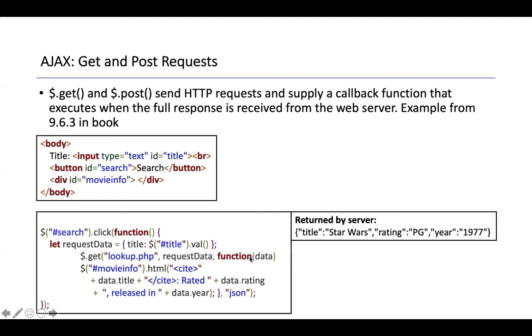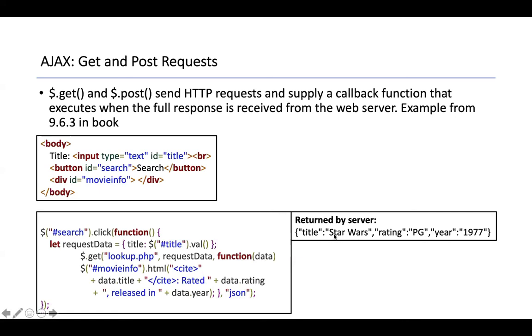Then the callback function takes a data object, so that replaces the response field of the AJAX request.